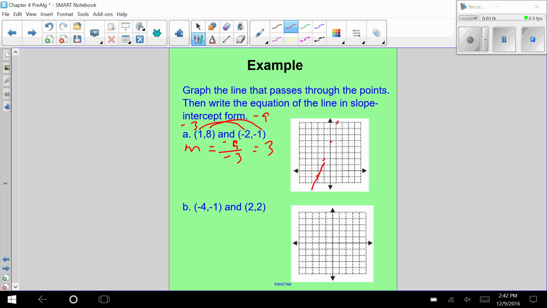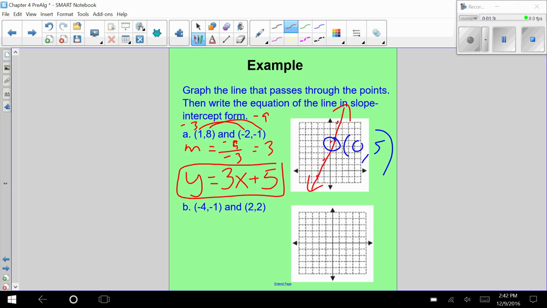Now I can draw my line. And because I made my line so precise, I can see that my y-intercept is right here. It is at 0, 5. So my equation is going to be y equals my slope, which was 3, x plus my y-intercept I just found on my graph, which was 5.